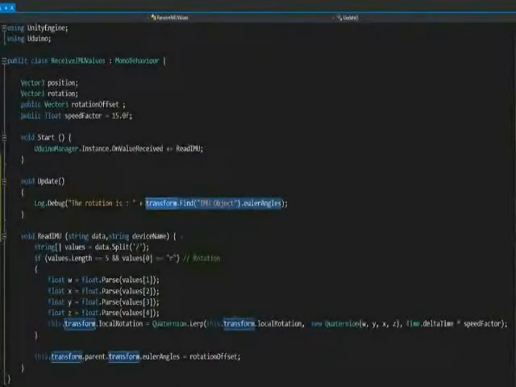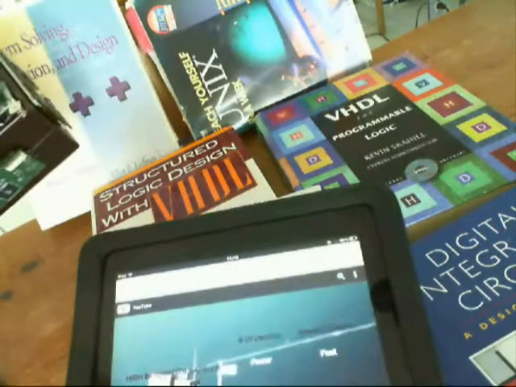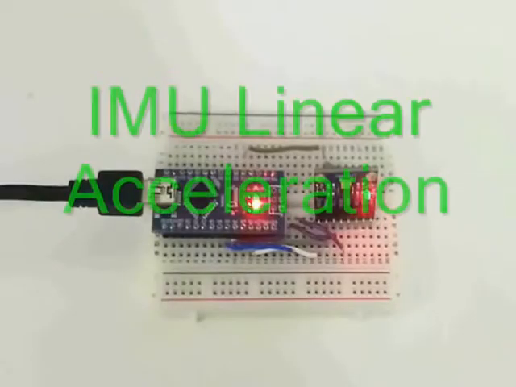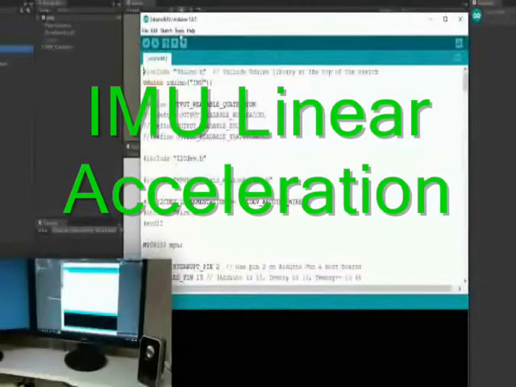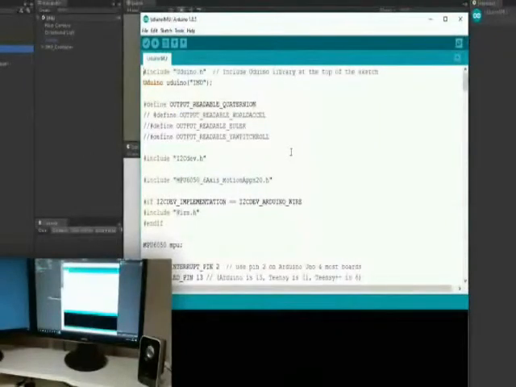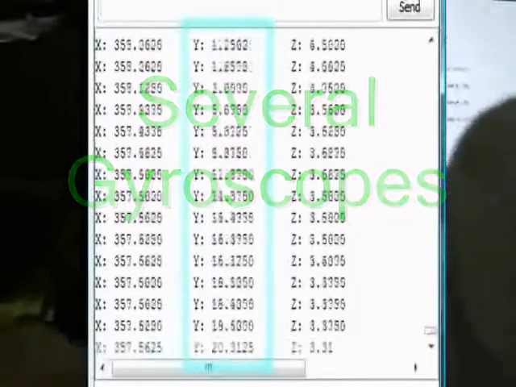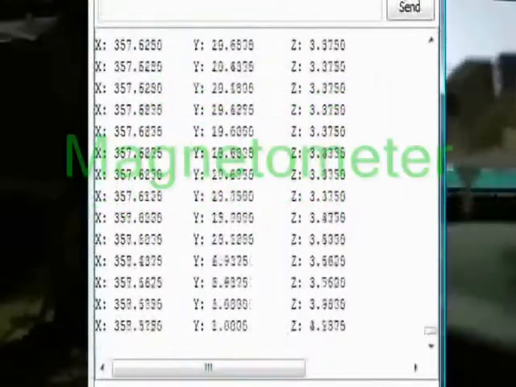The inertial measurement unit detects linear acceleration using several accelerometers and rotational rate using several gyroscopes, and also includes a magnetometer, which is used as a heading reference.